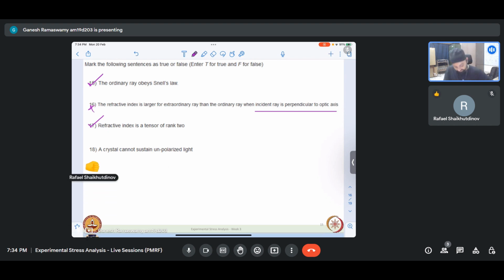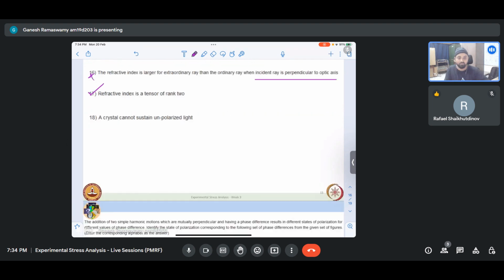Okay. So a crystal cannot sustain unpolarized light. Yes, this is true. It cannot sustain, sustain meaning transmit, because the light cannot be transmitted unpolarized.